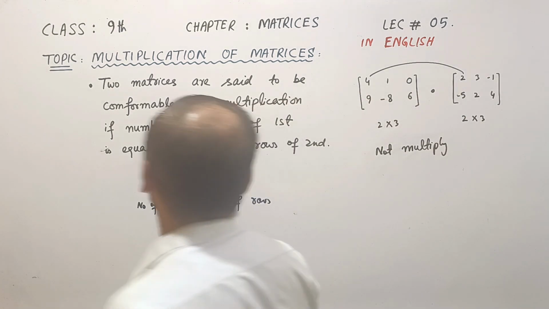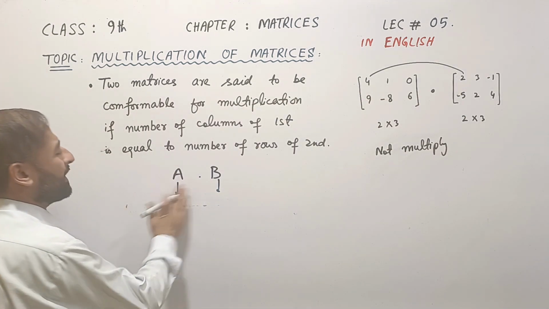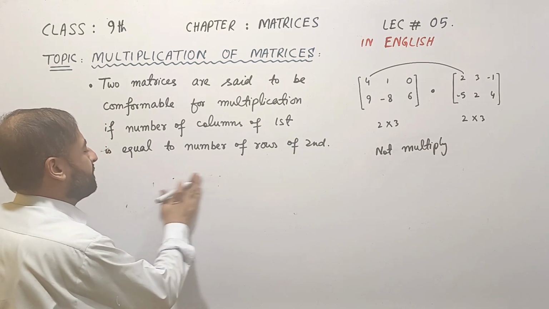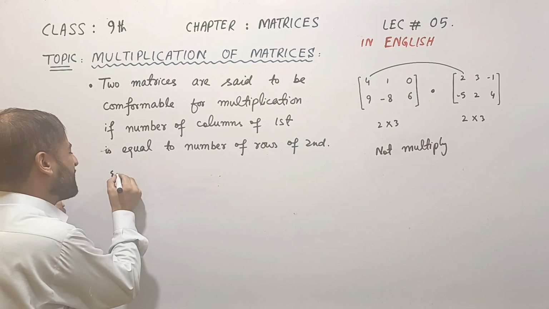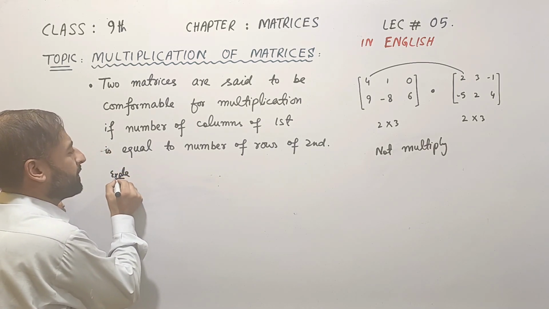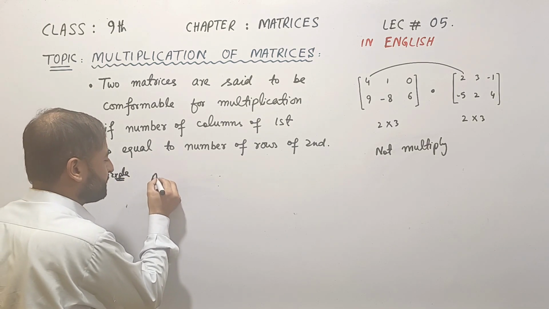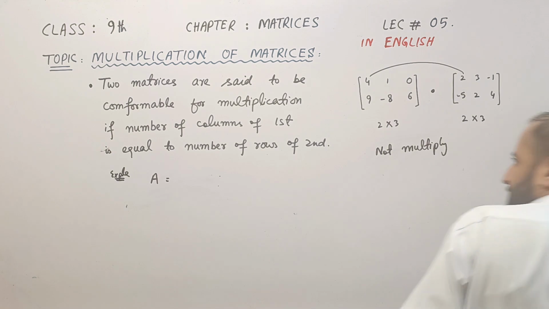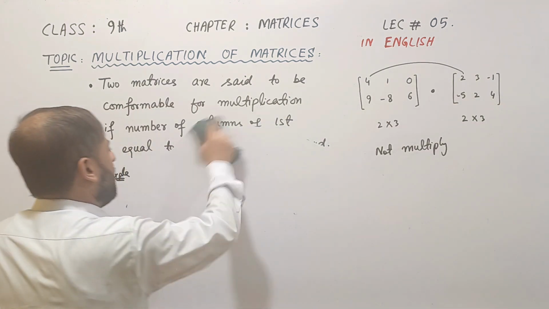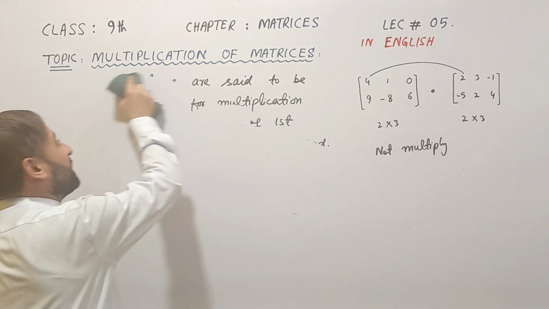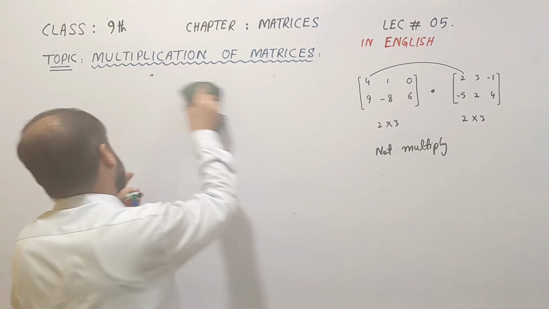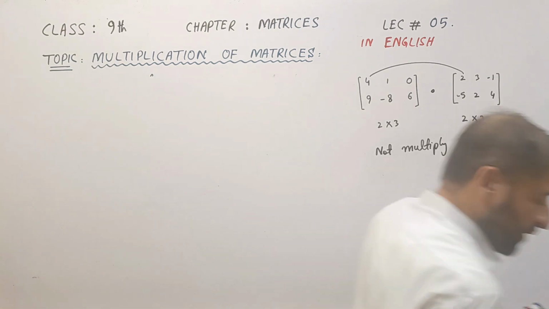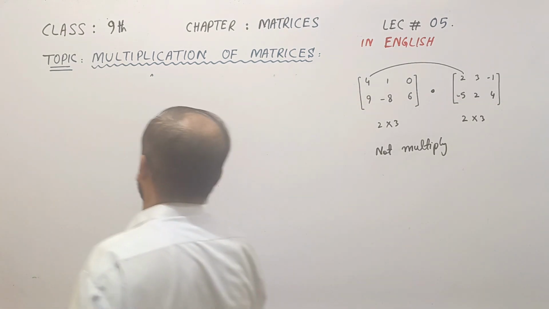So let's take two matrices, like this is the matrix A. I wrote number of columns of first. What is meant by first? The matrix which we write first in multiplication will be the first matrix.